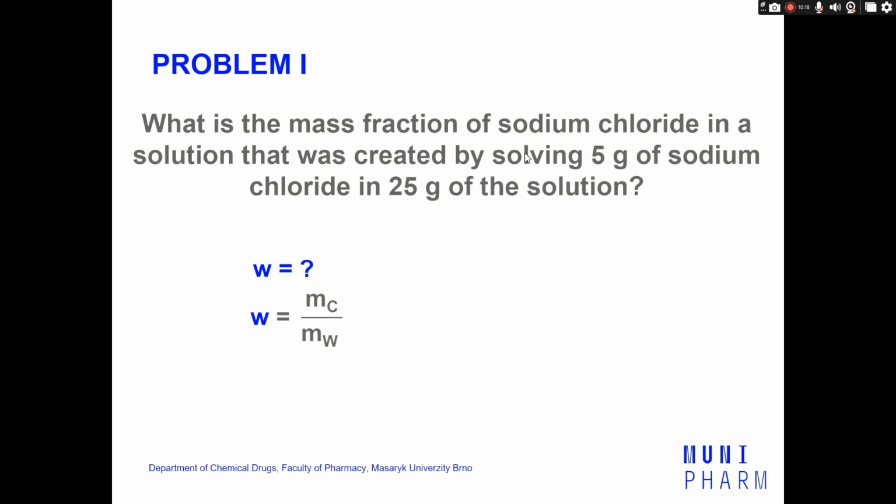Both values are given in the task. We have 5 grams of sodium chloride and in total 25 grams of the solution. So we will simply add it to the formula and calculate.